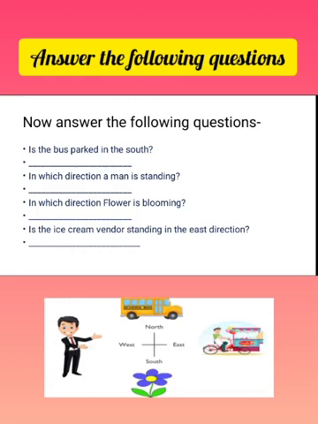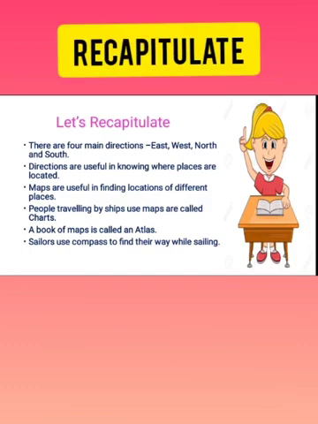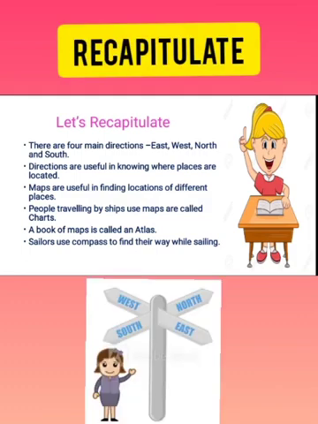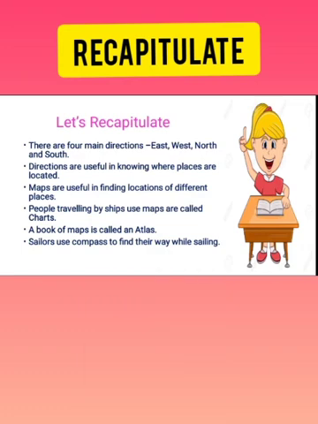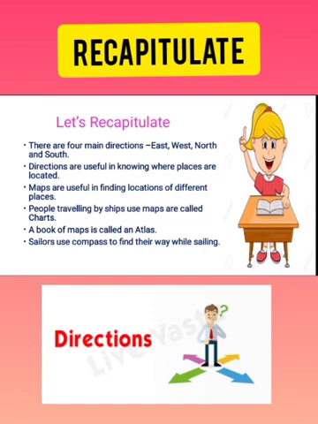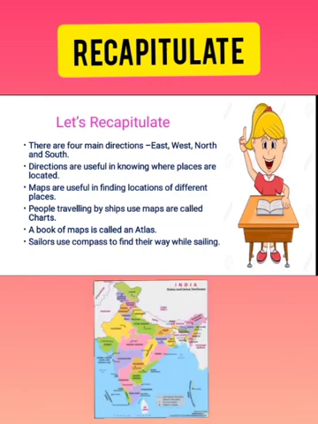So now let's recapitulate. There are 4 main directions: east, west, north and south. Second, directions are useful in knowing where places are located. Third, maps are useful in finding locations of different places.